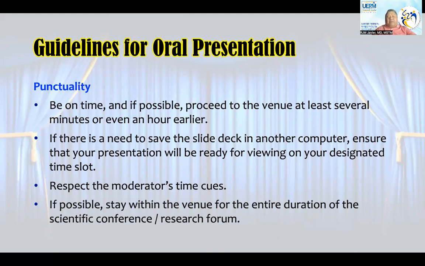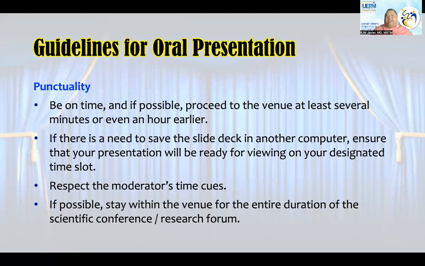If possible, stay within the venue for the entire duration of the scientific conference or the research forum. I know sometimes when we go out of the country and you are presenting, there is this tendency wherein, for example, if my presentation is from 8:30 to 9:45, I will be at the venue from 7:30 until 10:30-ish, 11-ish.